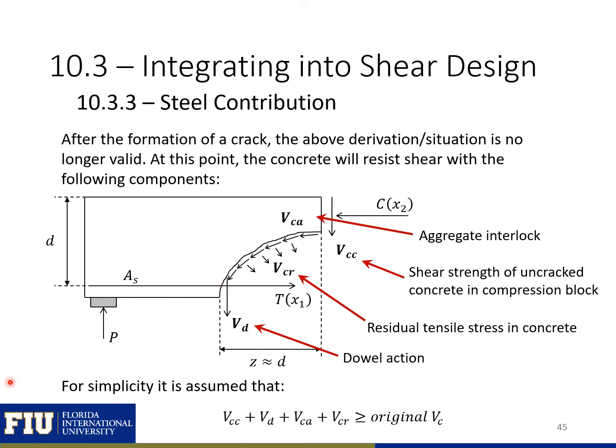So for simplicity, we will assume that the summation of these components is greater than the original Vc that we found using the previous equation. So here are Vcc plus Vd plus Vca plus Vcr. We're going to assume that these four components are greater than our original Vc, which allows us to use the equation that we had on the previous couple slides.